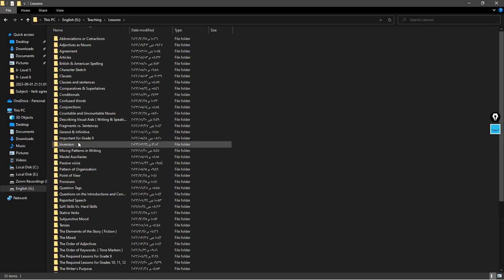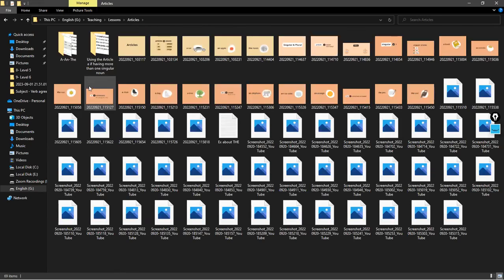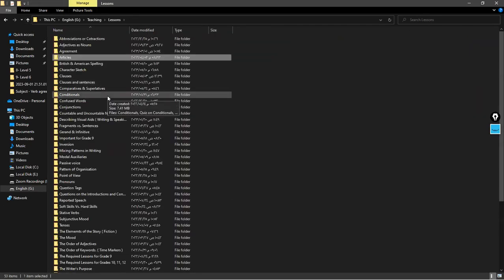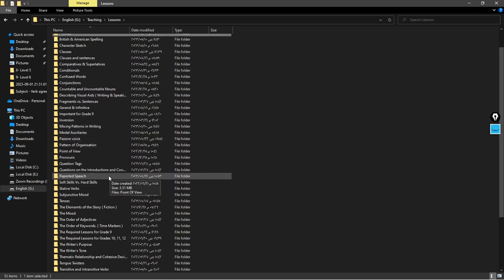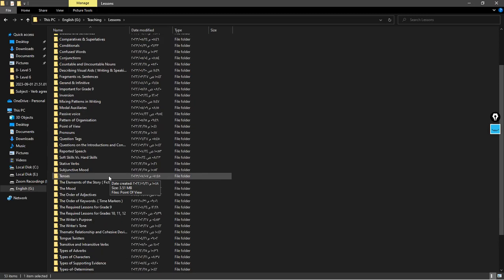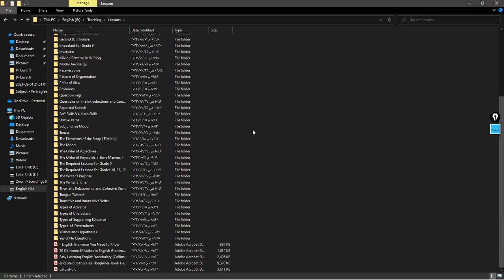Let me search about the file. Articles, maybe here. Nope. Let me try to search about them. Fragments, grant, important, modal, passive. No, no, no. Holy God, where are they? Let me write determiners in the search box. Maybe I will find them.